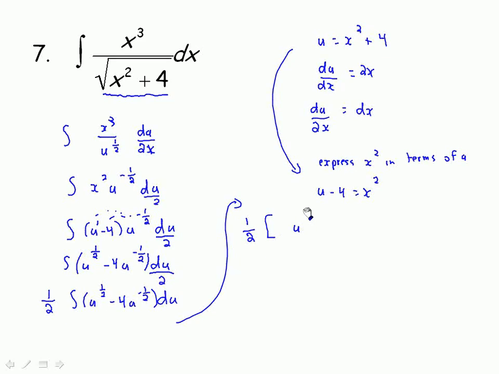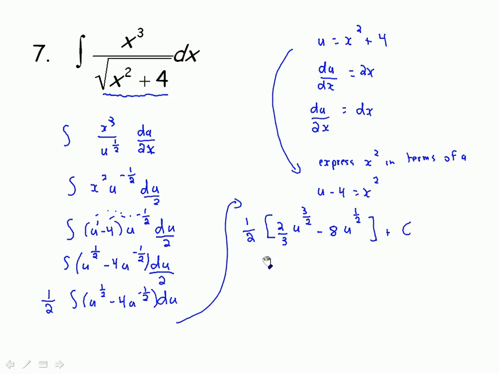Add on 1 to the u to the 1/2, becomes u to the 3/2. So with a factor of 2/3 in front. And then the second one, add on 1, and that takes you to u to the 1/2. So you're dividing by 1/2, multiplying by 2. I'm going to go directly to 4 times 2 is 8 u to the 1/2, and then plus c.